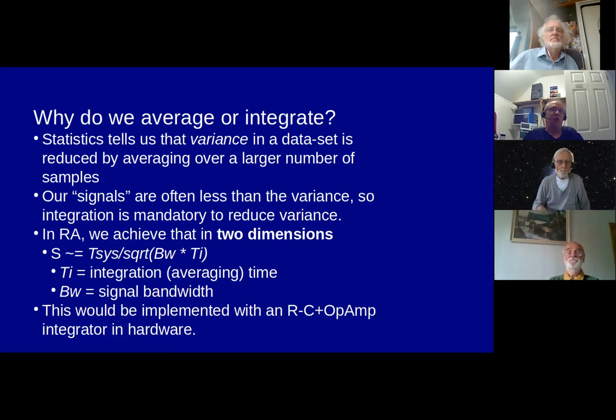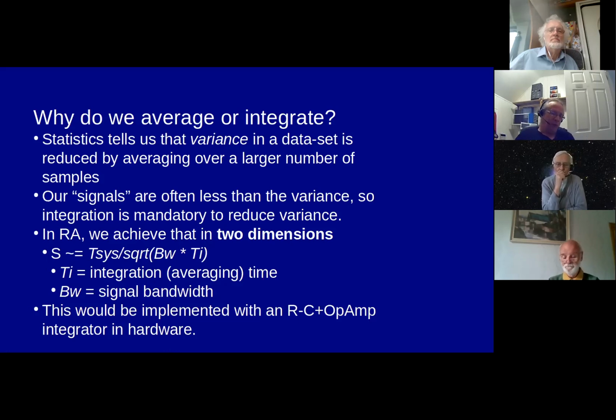So you can see that if you don't do something about the variance, you're never going to see what it is you're looking for. So integration or averaging or low pass filtering is mandatory to reduce the variance. In radio astronomy, we can achieve that in two different dimensions, one of which is the bandwidth, and the other is the integration time.